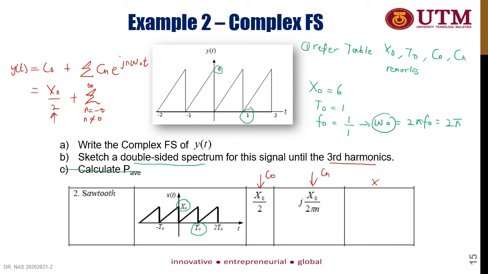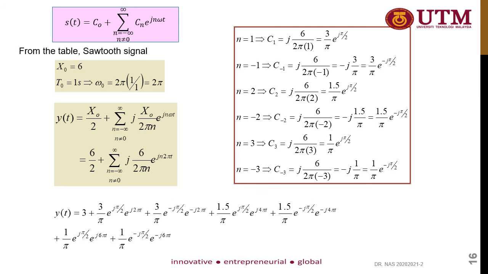So your Cn is j x naught divided by 2 pi n. This is just the Cn. Don't forget the rest of the function e^(j n 2 pi t). Okay, this is the general equation.